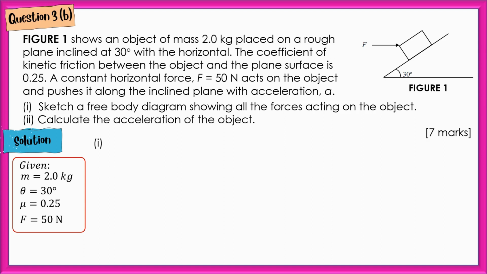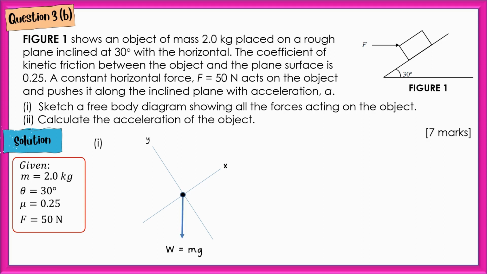For question number 1, you need to sketch a free body diagram showing all the forces acting on the object. To sketch the free body diagram, first identify that the object is represented as a point object and the inclined plane represents the x component. Of course, perpendicular to the x component, there is the y component. After that, identify the forces exerted on the object.